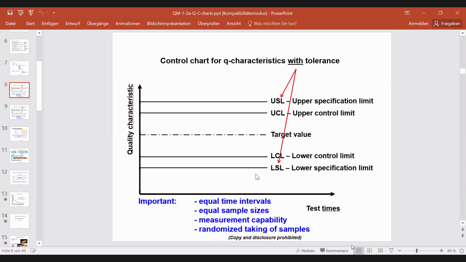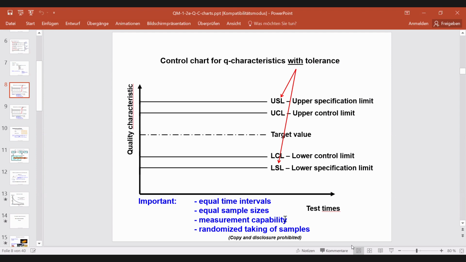Important are equal times of tests, maybe every 2 hours, one time a shift, whatever. They have to define this. Equal sample sizes. Mostly they take 3 parts, in some cases also 5 parts.